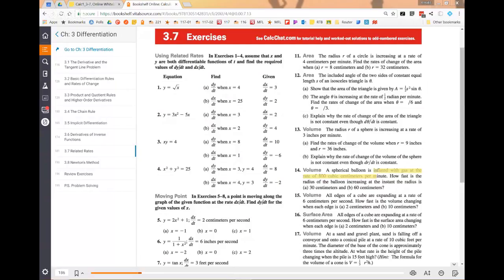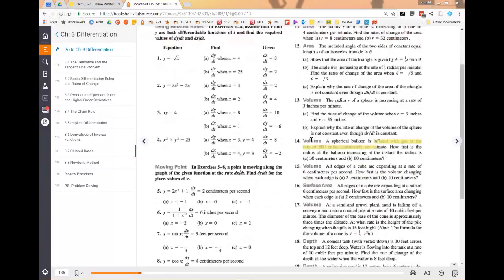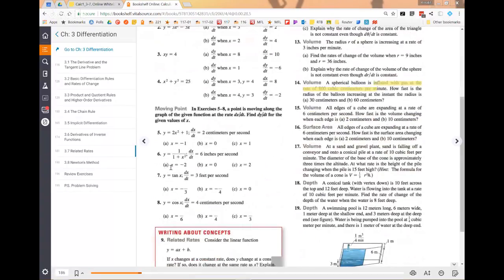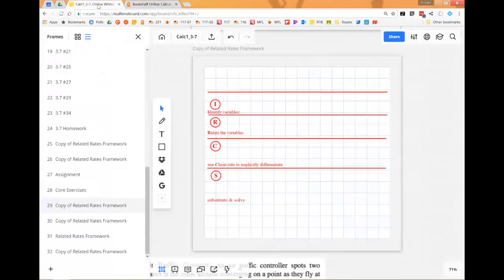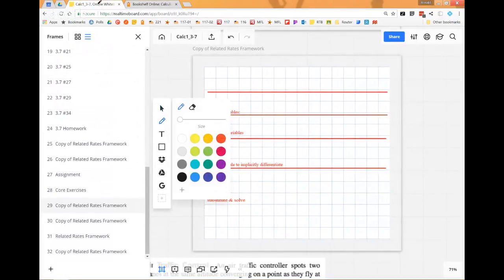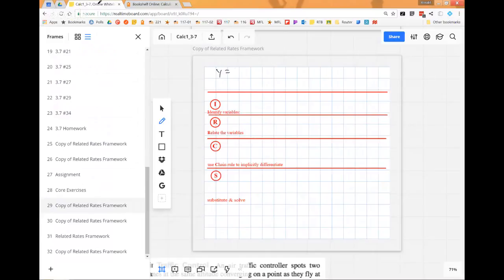The first one I'd like to look at today is number 6. So let's do that first. I see our equation is y equals 1 over 1 plus x squared. So let's write that down here.